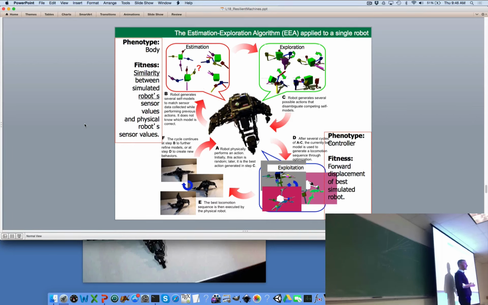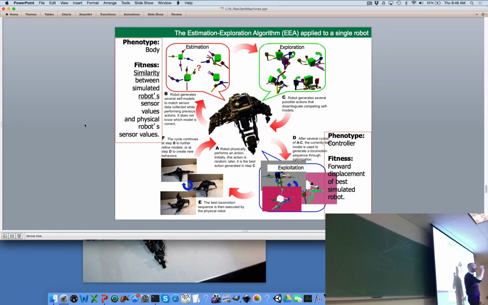I'll give you a very strong hint. It evolves models of self. It evolves controllers. What do you think it does up here? It evolves the next action to perform, right? So in this third evolutionary algorithm, it's evolving candidate actions, and the fitness of any one action is what in this case?